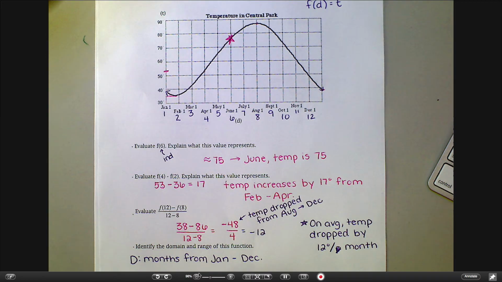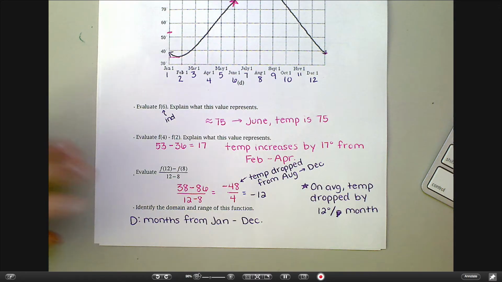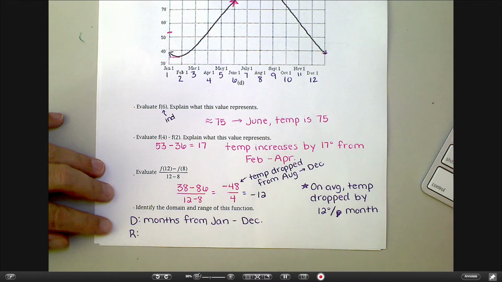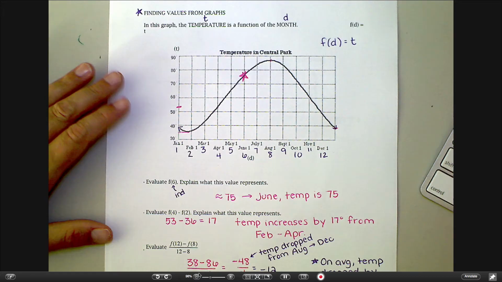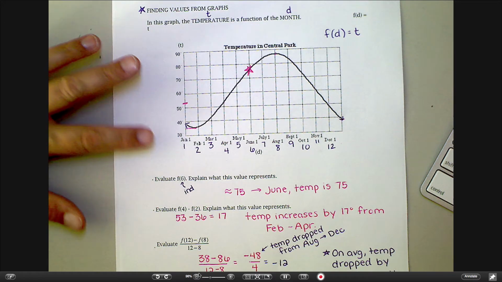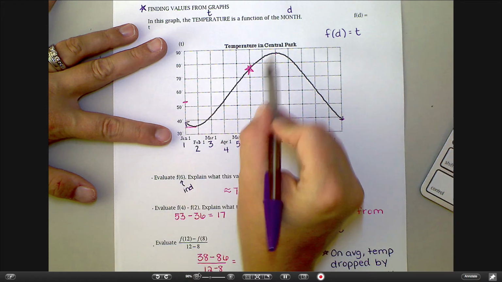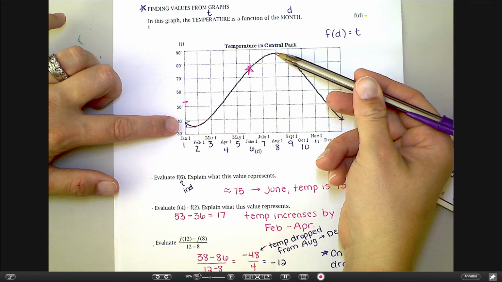Okay, and then for range, it also depends what you're saying is happening with this graph. Probably what I would do is I would be very literal. I would look at my y values, and you could say all temperatures, something like that. But because we can say specifically the lowest temperature is here and the highest temperature is here, we could say it's all temperatures between this and this.